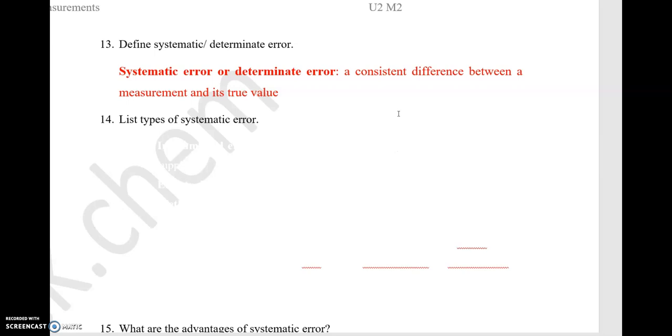That means systematic error or determinate error should be easier to identify because it is consistent. Now let's look at some examples of systematic errors to clear up what it is.